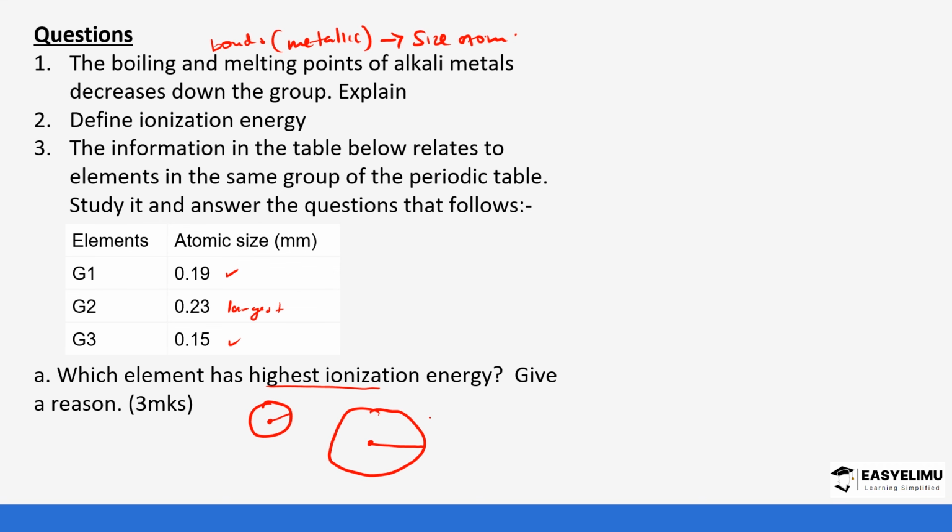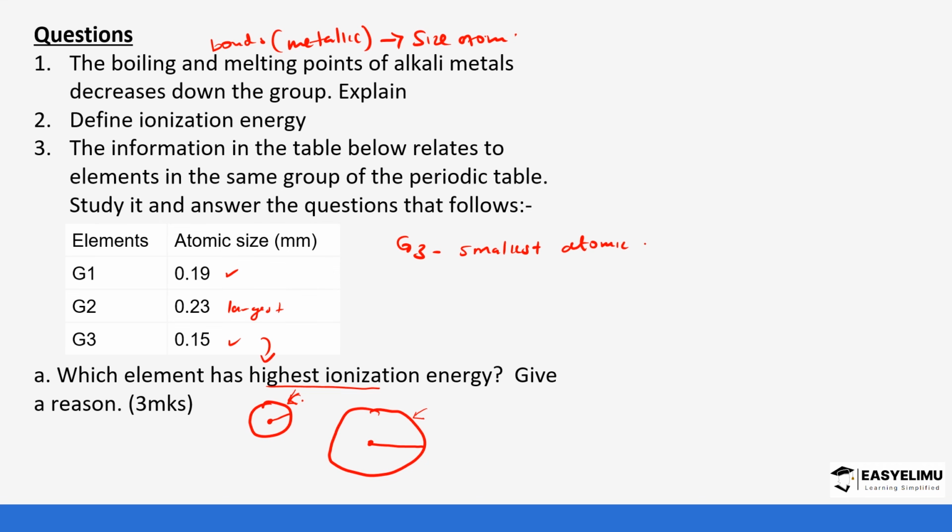So it is harder to remove an electron in a smaller atom, and easier to remove an electron in a large atom. So when we want the highest ionization energy, we go for the smallest atom, and the smallest atom is G3. So our answer will be G3, and we will say it has the smallest atomic size.